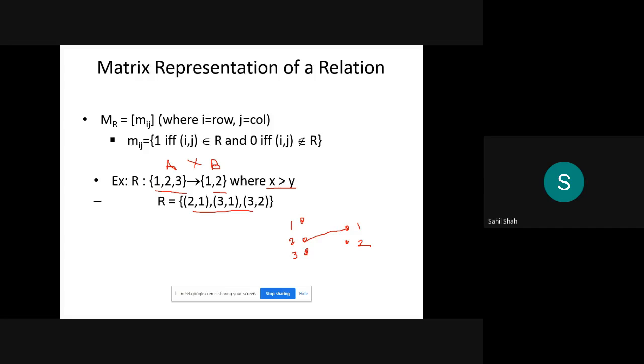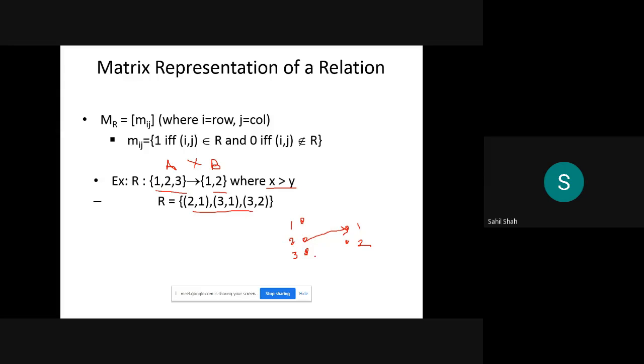Now, if we are only drawing an arc or edge without any direction, that doesn't have any meaning, because you already know that (2, 1) is altogether different from (1, 2). So there is a need of putting a direction. With this direction, you can easily interpret the pair in the relation as (2, 1) and not (1, 2).